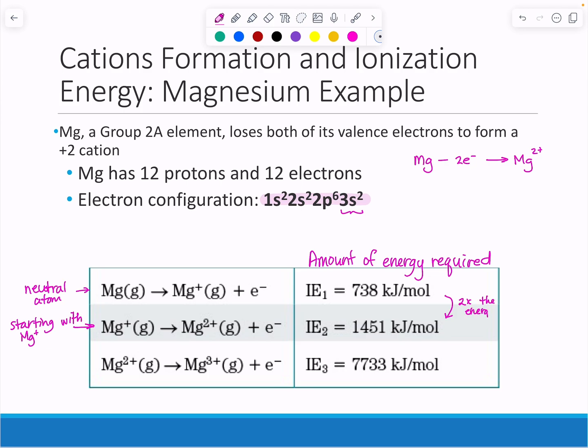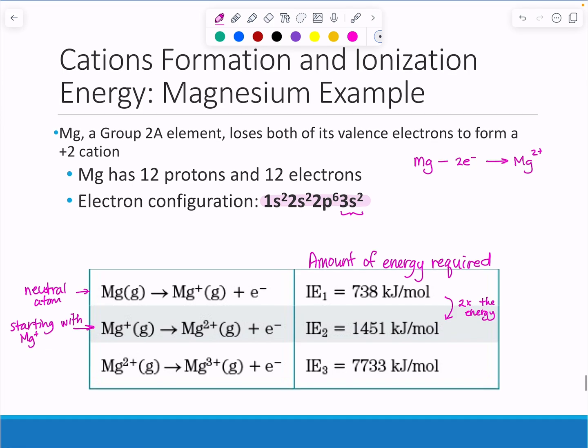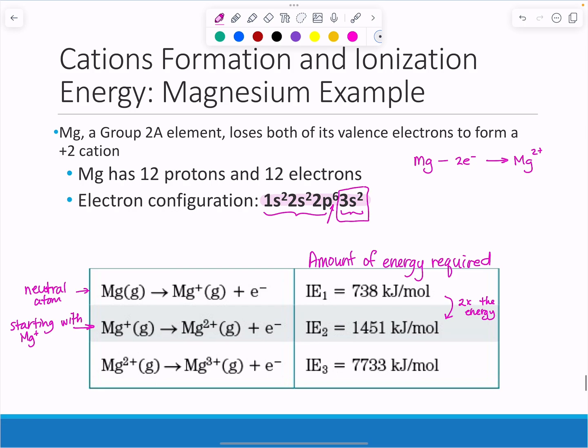And we said that these electrons are the ones that are going to leave so that it can get to a nice noble gas electron configuration. If we tried to pull one of these off, this would be trying to take one of those 2p6 electrons off. Then, again, we have a much bigger increase in energy required.